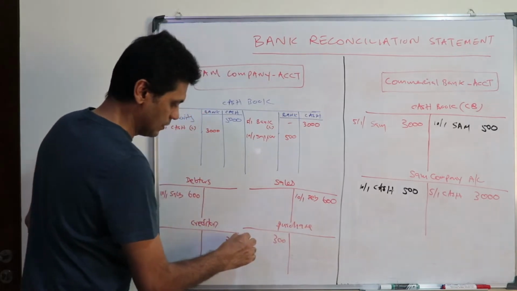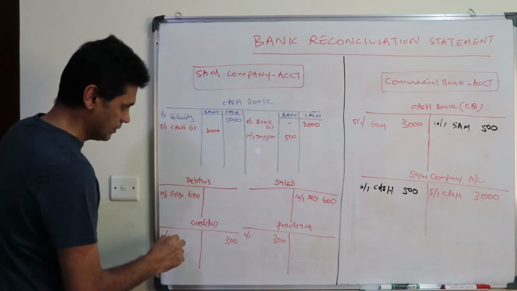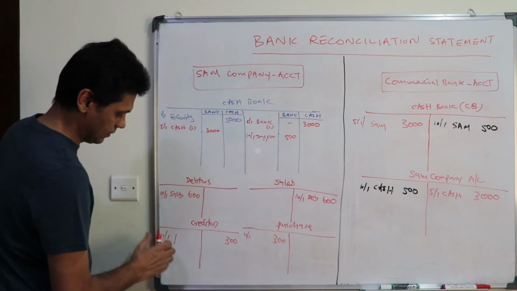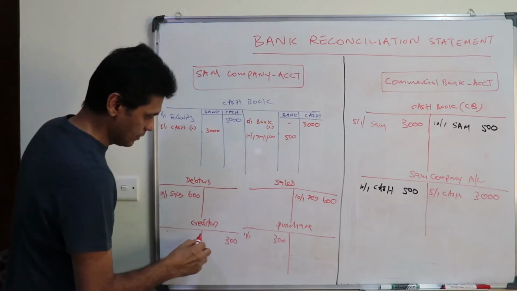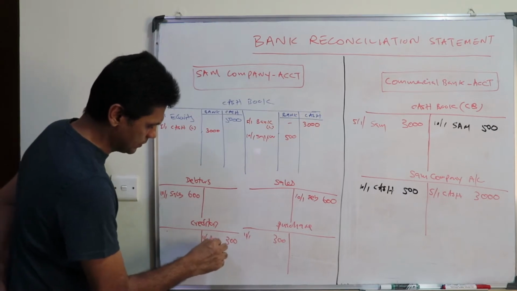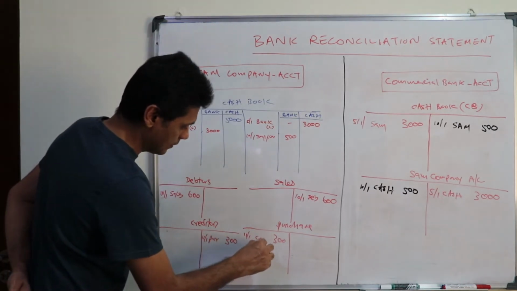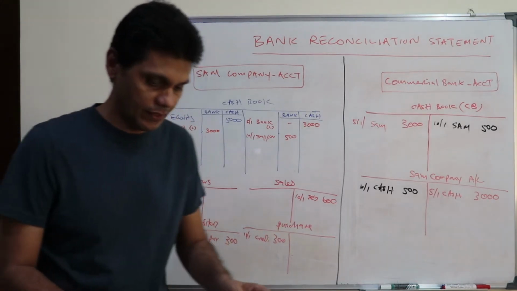Let's say this was on 11th January, purchases, and this is creditors. Is that clear?